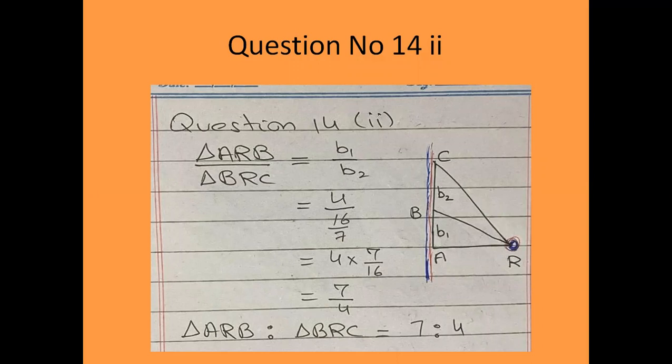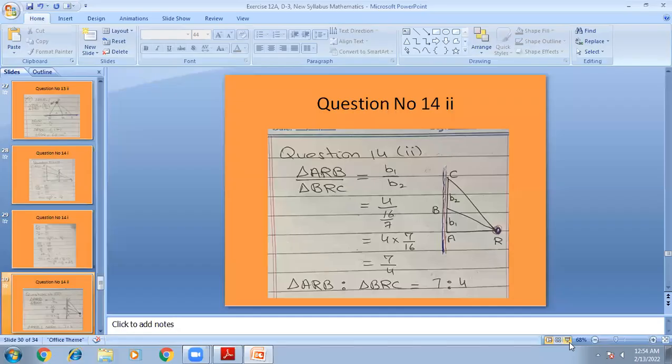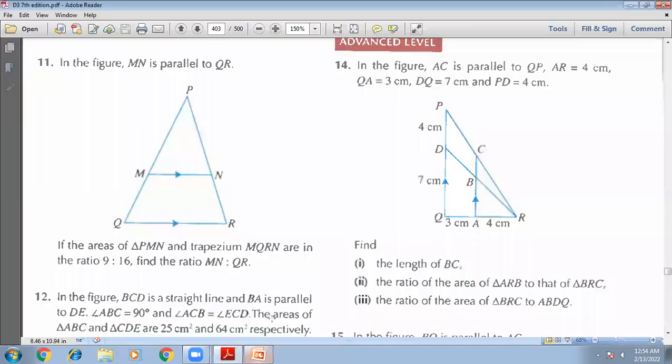So B1 is 4 and B2 is 16 by 7. So 4 multiplied by 7 by 16, and that will be 7 by 4. So the area of triangle ARB to the area of triangle BRC will be 7 ratio 4. Hopefully you understand.